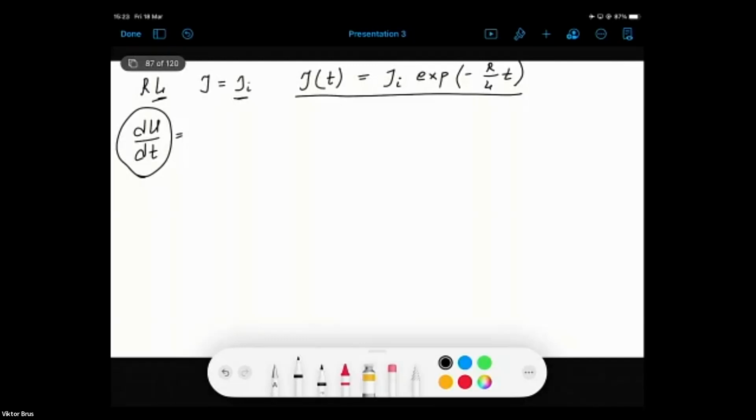So the rate dU over dt, the first derivative of this energy accumulated in the form of magnetic field, will just show how fast magnetic energy is transformed into dissipated heat over this resistor R.